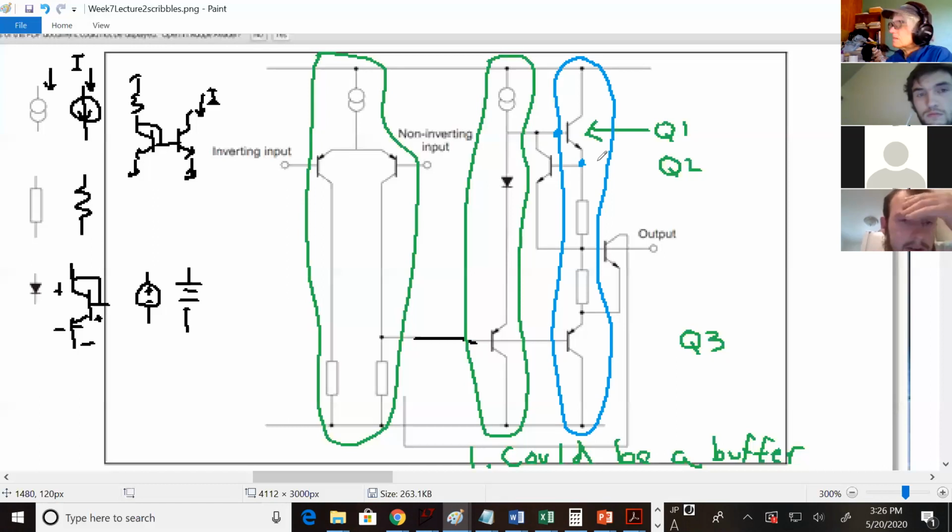About VBE on. Let's ignore the resistors. They should be very small. Then you get down here. Ignoring the resistors, this is a VBE on below the base of Q1.